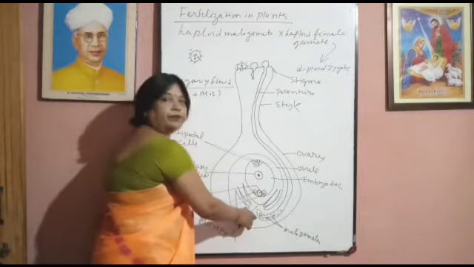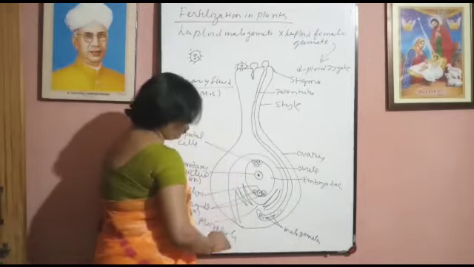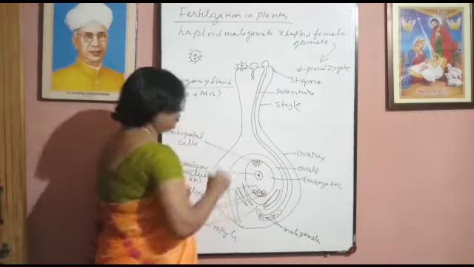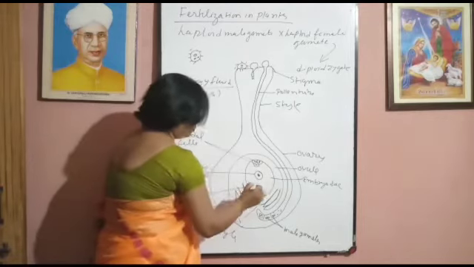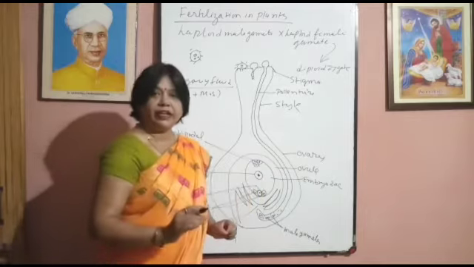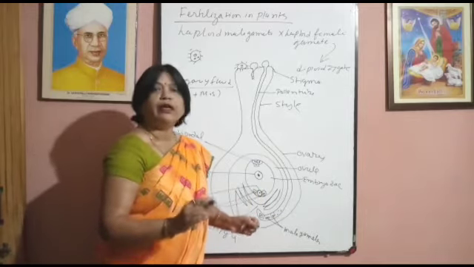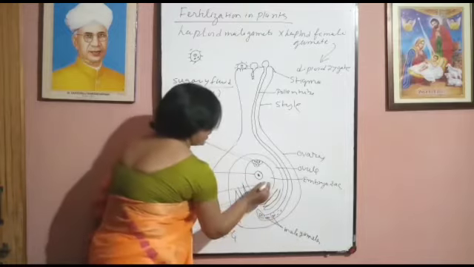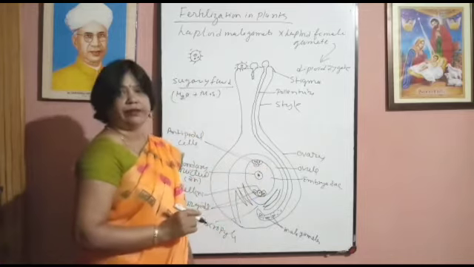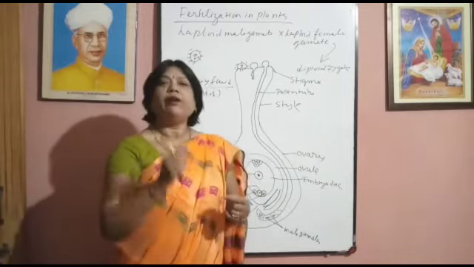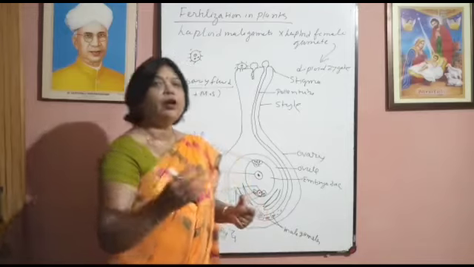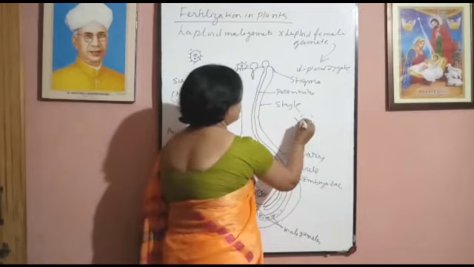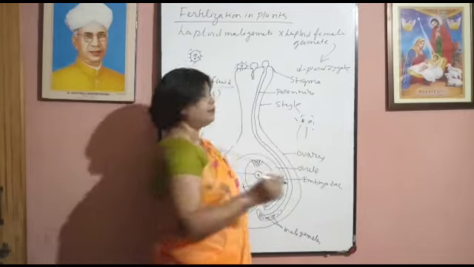This pollen tube enters into the ovule, then it enters into the embryo sac, and after entry, the pollen tube discharges or releases both male gametes into the embryo sac in three ways. First, after entry, the pollen tube bursts and releases the male gametes.